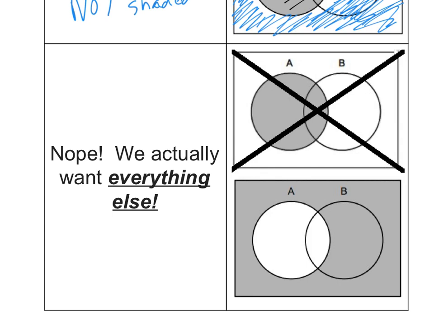So if we see that complement symbol, it means think about what the original set would look like, and then shade everything else that was not shaded. So if you look at these two diagrams, this is set A, minus the x, of course, not including the x, and this would be the complement of A, or not A. So notice it is everything that was unshaded in the first diagram.